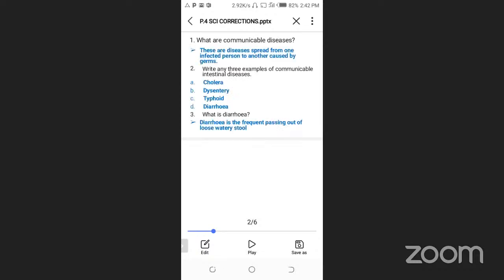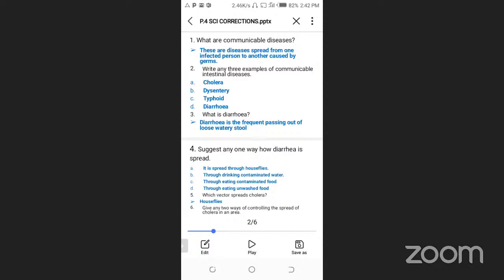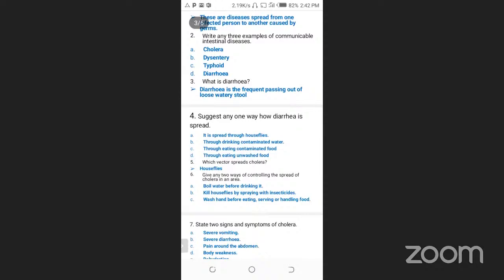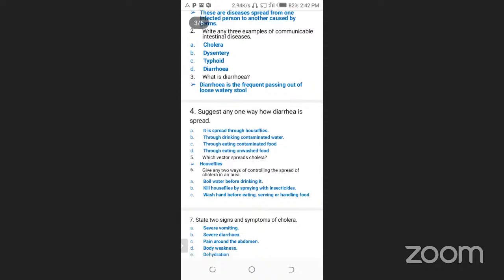And remember here they have asked you a general question that you give the signs and symptoms. So these are some of the signs and symptoms. One, we have severe vomiting that has been given by Angel. We also have severe diarrhea, passing out of watery stool, then pain around the abdomen, which I've called stomach ache, but here I'm calling it pain around the abdomen. The lower part of your stomach, you will be feeling pain there.